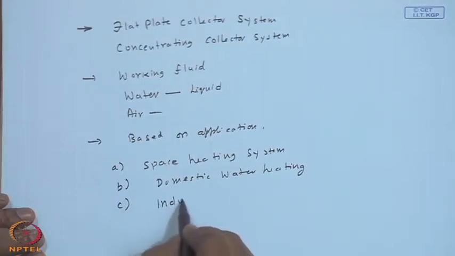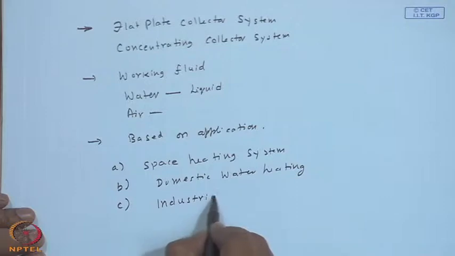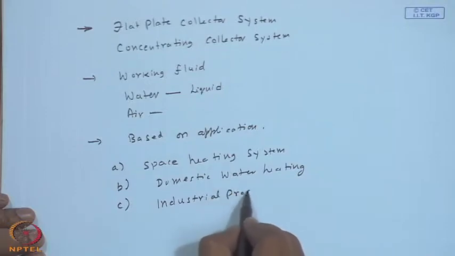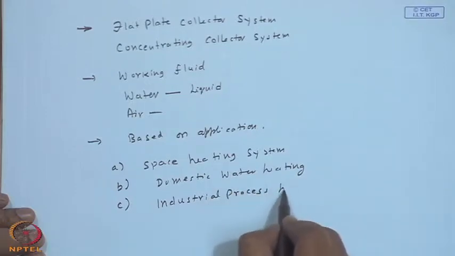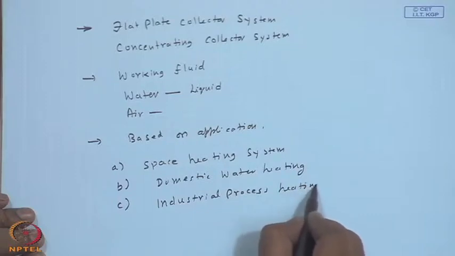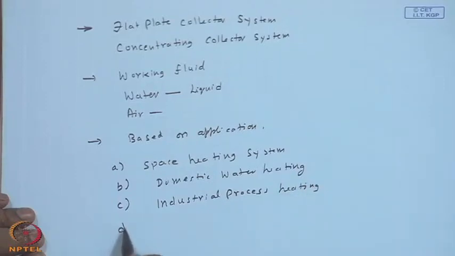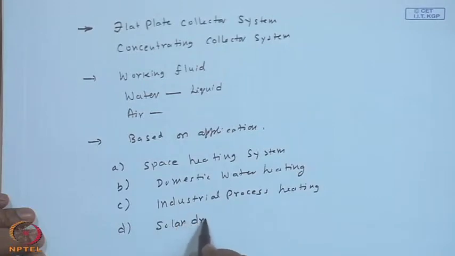Industrial process heat, and then you may call it a solar drying system, entirely different from the above.